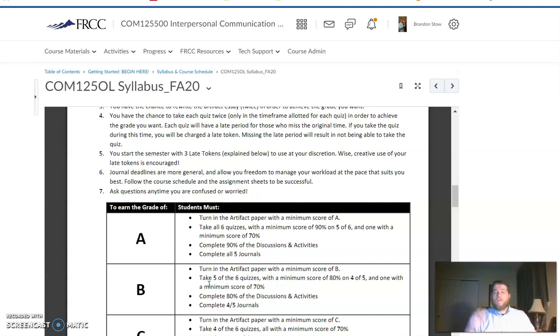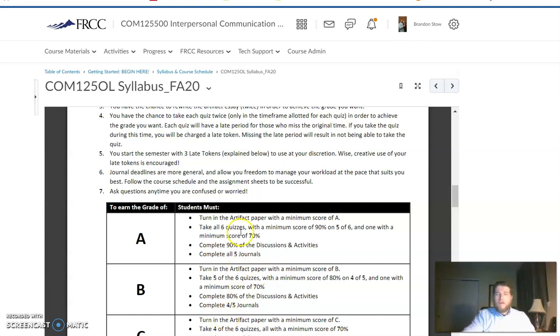So you could take each quiz twice to get the grade that you want to get. So you can study, take the quiz, and if you don't quite get the score that you want, you can look at your responses, you can look at the answers, you can study, then go back and retake that quiz to get the grade that you want. The point of this class is learning, and I want to give you as many opportunities to do that as possible, and retaking a quiz is one of those ways to do that.